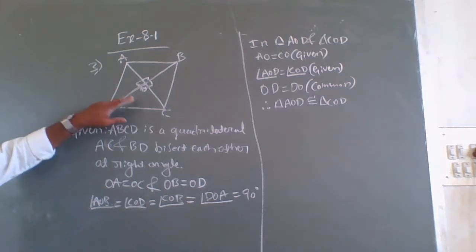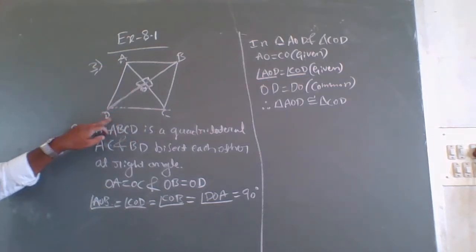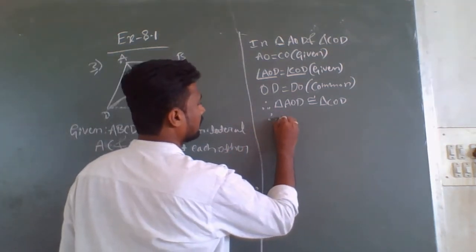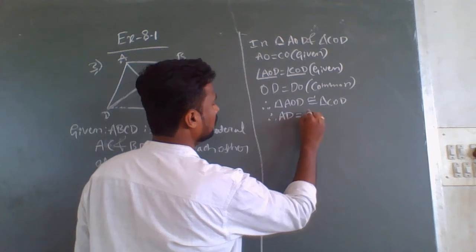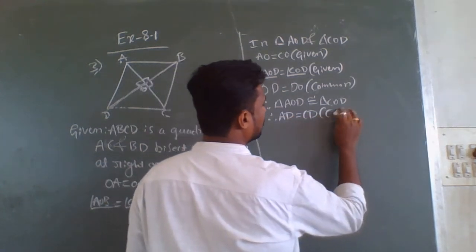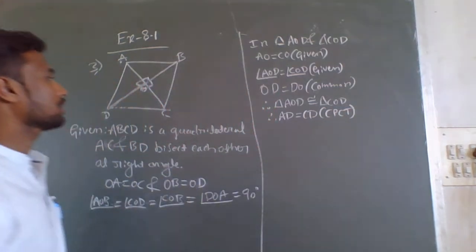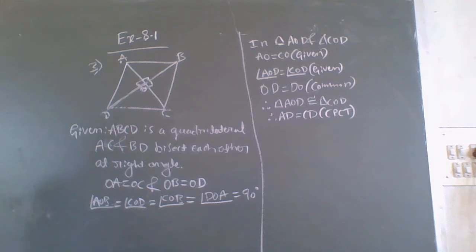Why? If these two triangles are congruent, then we can write AD equals CD because of CPCT. Therefore, here I will write AD is equal to CD because of corresponding parts of congruent triangles.